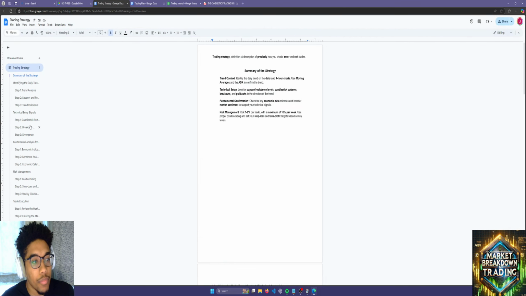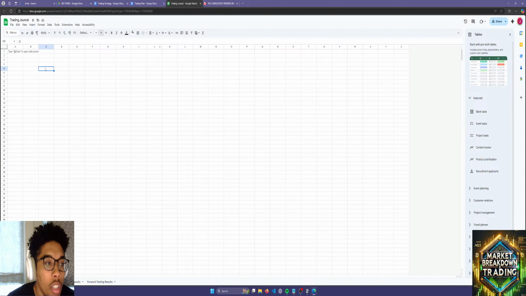Okay. So these are the big three. The trading strategy, the trading plan, and the trading journal. Trading journal, I want to set this up to where I can look at my trades at a glance and just have a log of them.